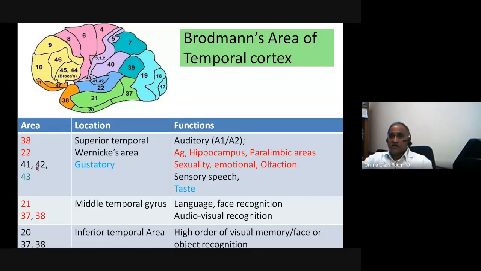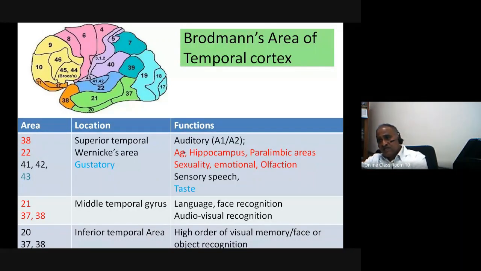So now if I were to translate what those functions are, one is auditory. Then we have this certain part here, especially 38. 38 is concerned with olfaction, the emotions, the sexuality, the paralimbic areas, hippocampus, amygdala. All these 3 things. That means all the limbic system is coming up here in this part. 38 and 22, I have just put them.